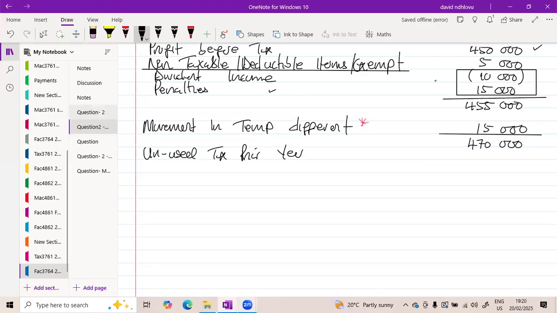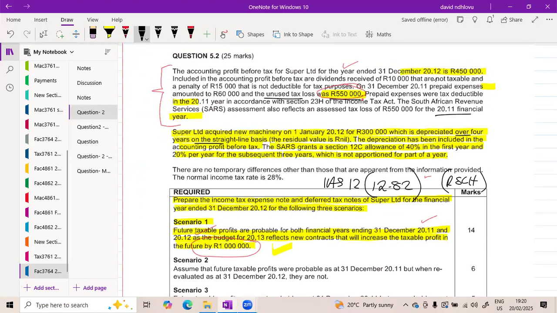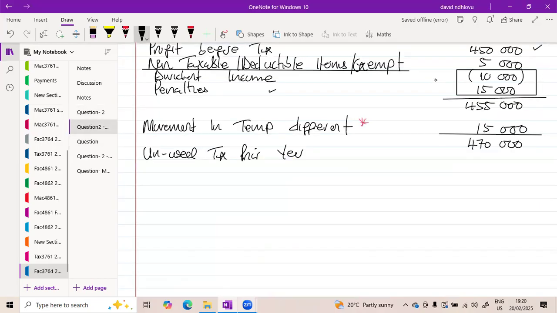It has been agreed between us and SARS that 550 is unused tax loss in 2011. Which means we carry forward that amount to the year 2012. So when we open the year, we'll be having a negative amount of 550. So therefore it's still relevant in the year 2012. We come and deduct that amount.